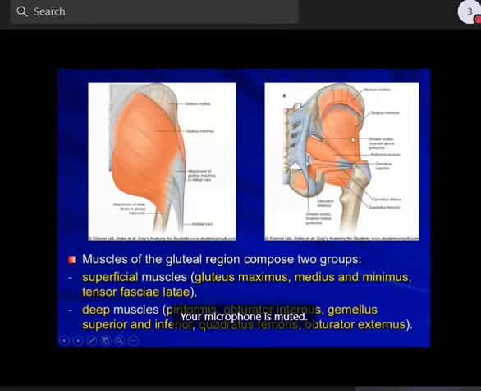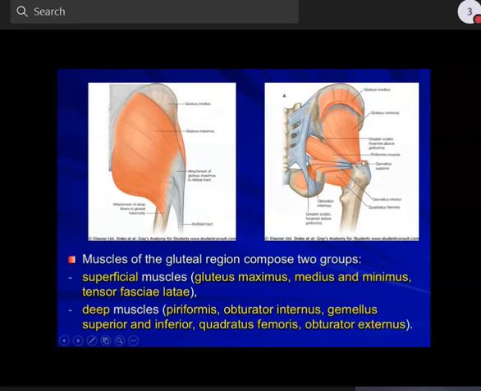Both gluteal muscles, medius and minimus, insert above the fulcrum of the coxal joint. You should memorize that the fulcrum means the main horizontal axis passing through the very center of the hip joint, and this plane is equal with the superior border of the trochanter major.